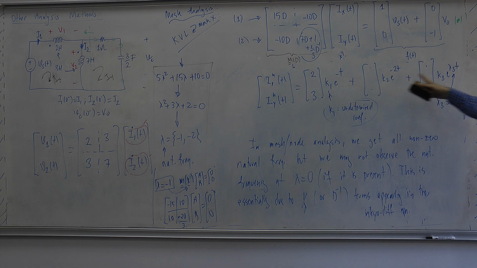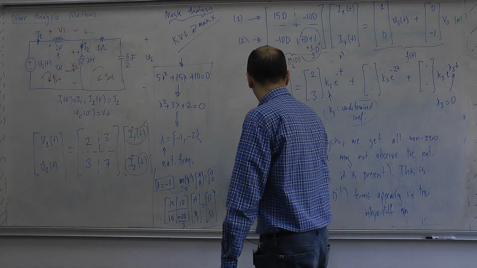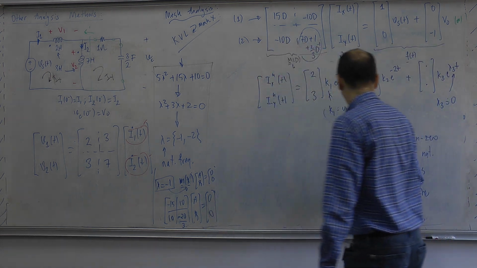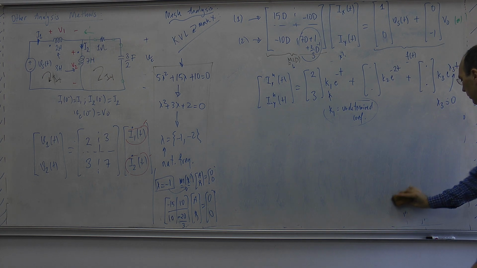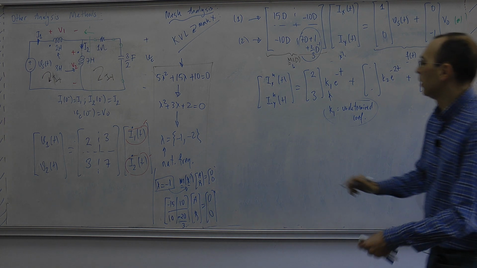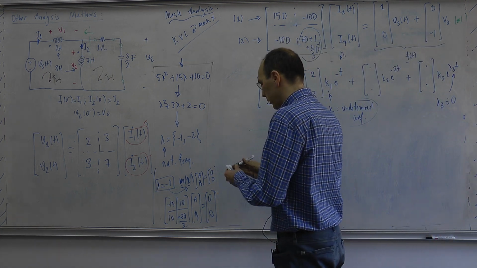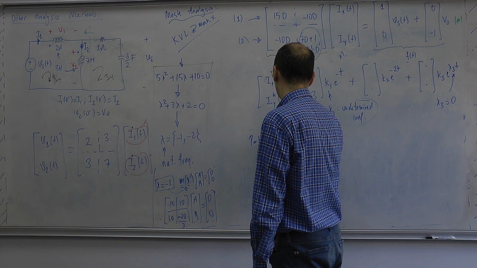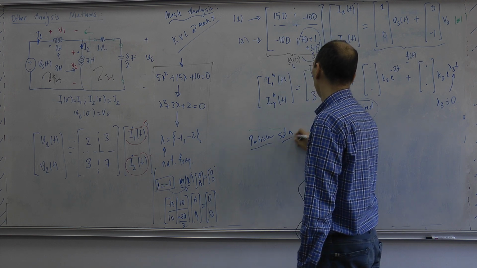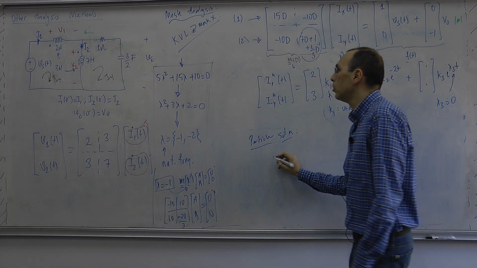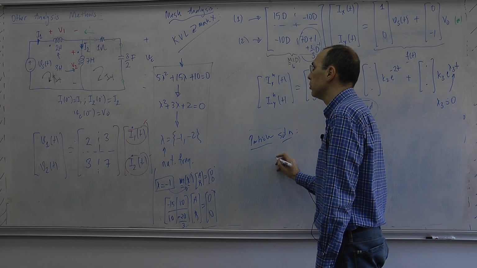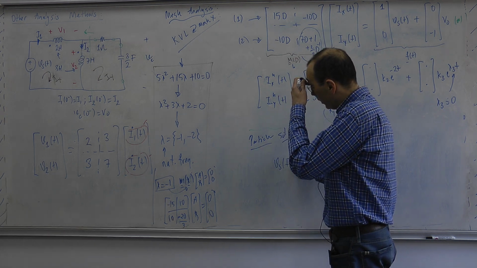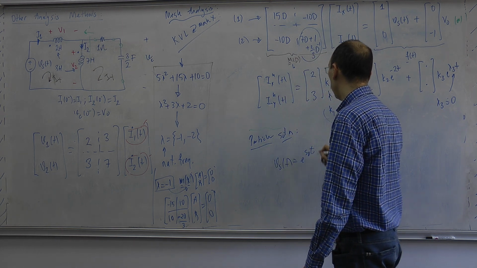So the homogeneous part is found. How about the particular solution? Well, nothing new. For the particular solution, of course, to the exponential input, I'm assuming that Vs of t is equal to e to the s naught t.